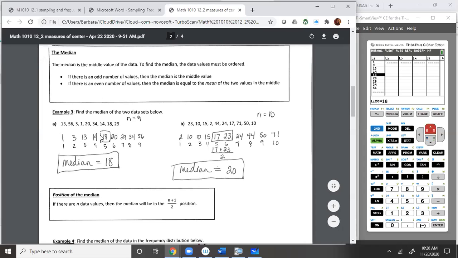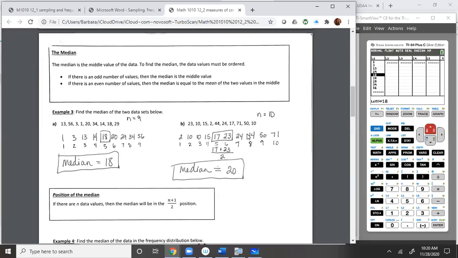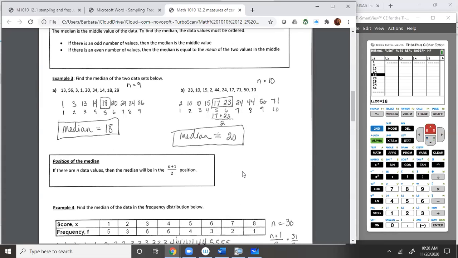So the median is in the fifth position. The median in part B is n plus 1, which is 11, 11 divided by 2, and that's 5.5. So the position is between 17 and 23, or the fifth and sixth position.